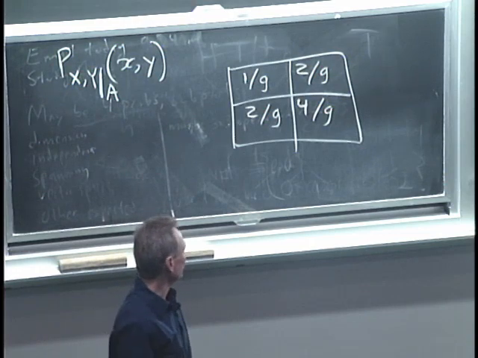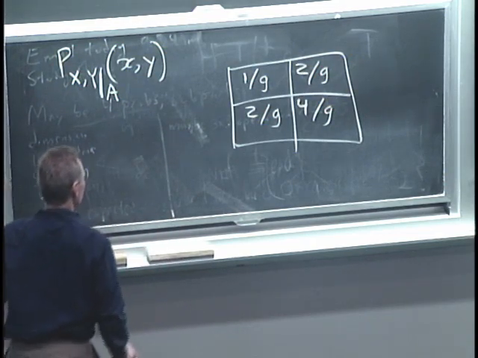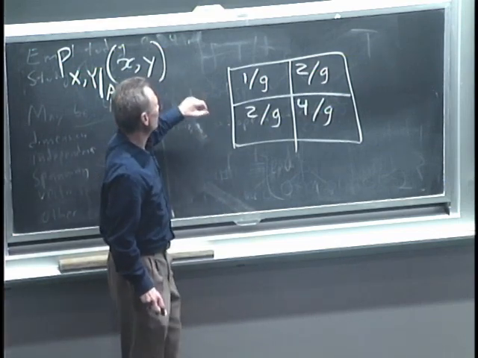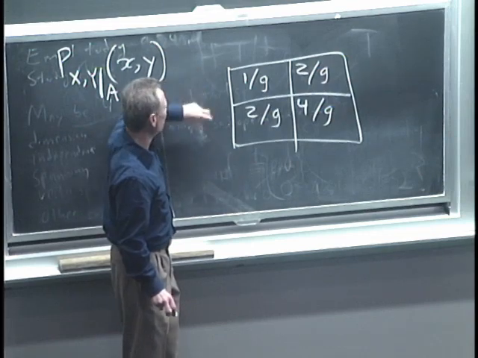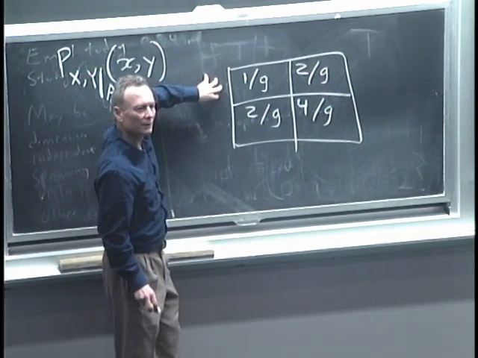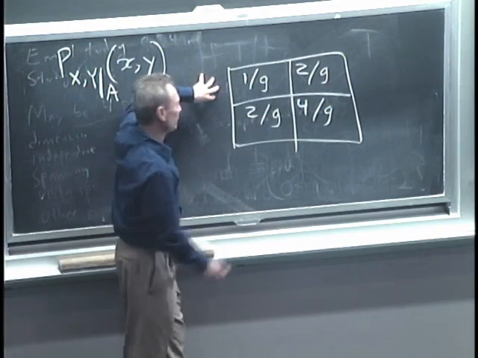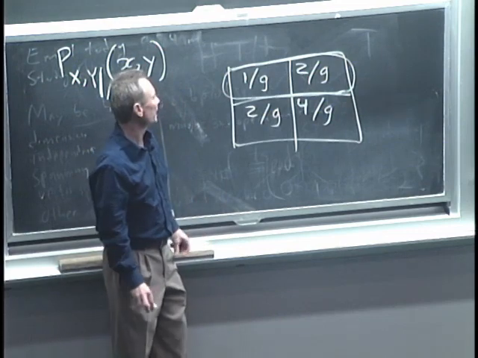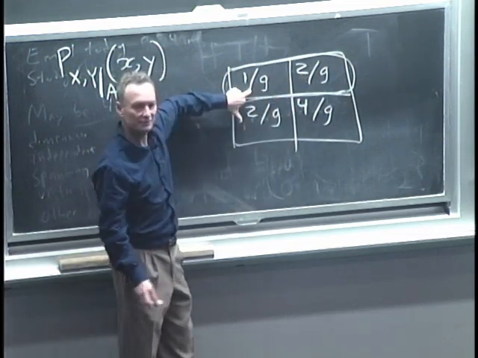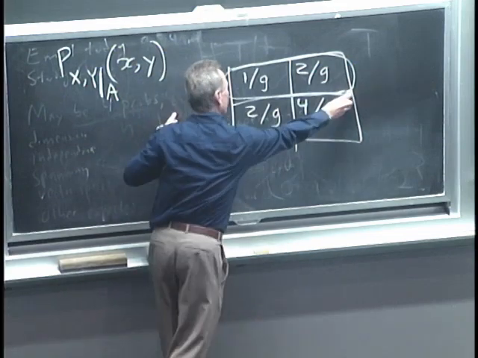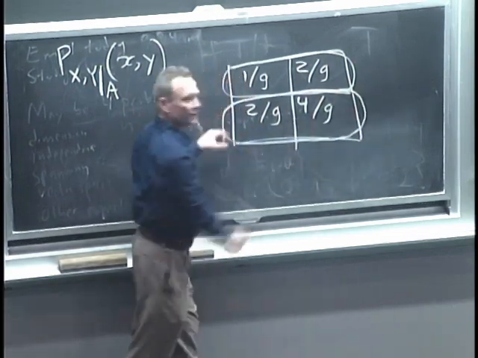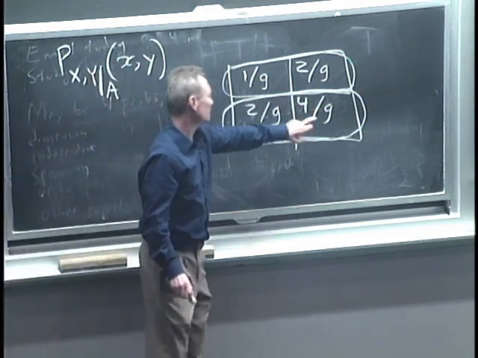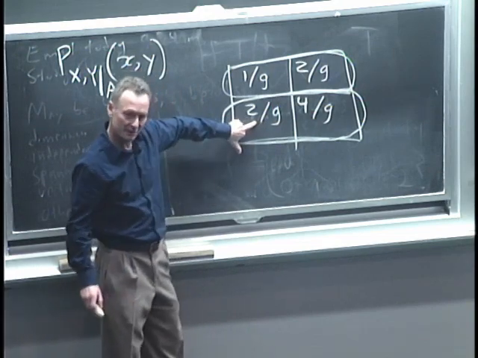Okay. Now, in this conditional universe, is x independent from y? If I tell you that y takes this value, so we live in this universe, what do you know about x? What you know about x is that this value is twice as likely as that value. If I condition on y taking this other value, so we're living here, what do you know about x? What you know about x is that this value is twice as likely as that value.